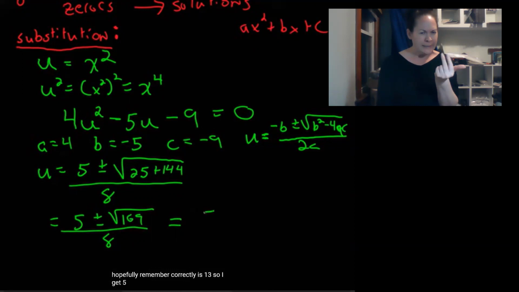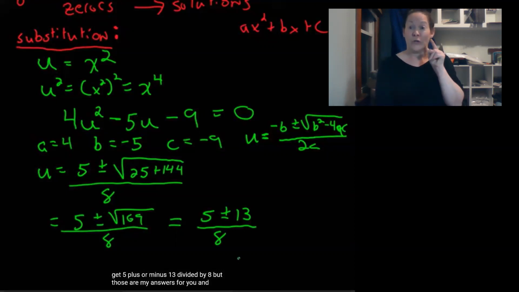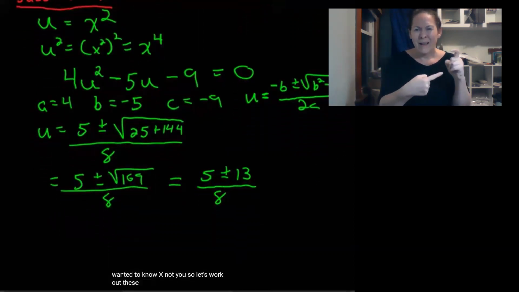So I get 5 plus or minus 13 divided by 8. But those are my answers for u. And I wanted to know x, not u. So let's work out these answers.